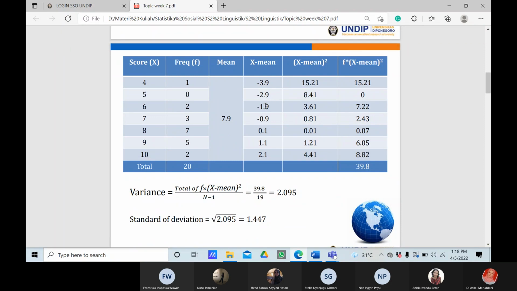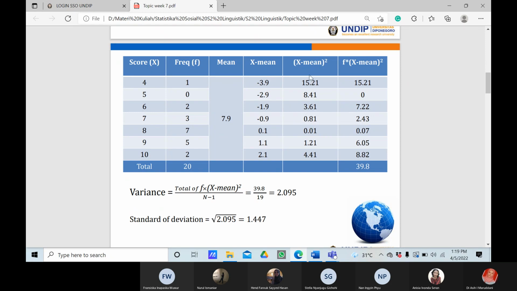The third row, 6 minus 7.9 will be minus 1.9, and so on. You calculate until the last row. For the score 10, you got 10 minus 7.9, which will be 2.1. Okay.